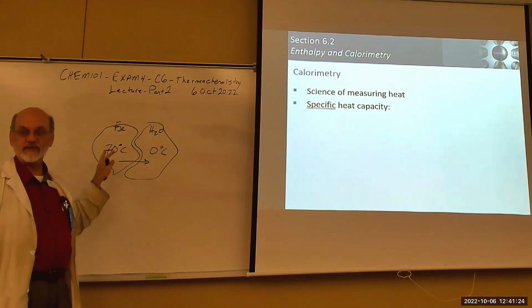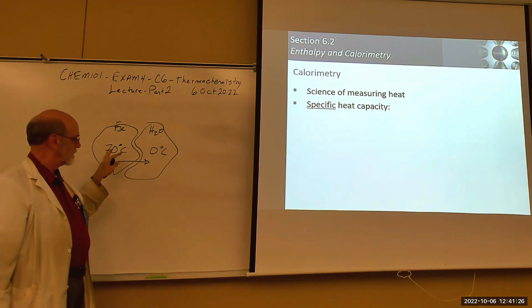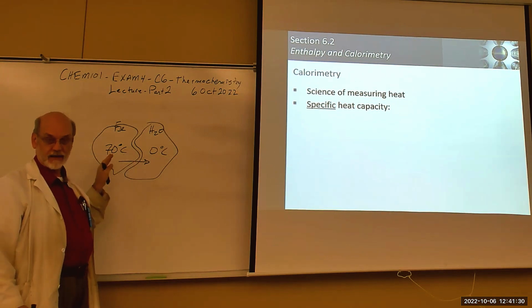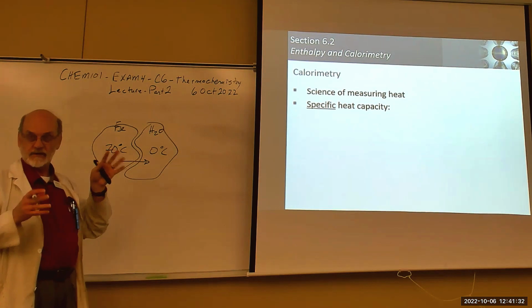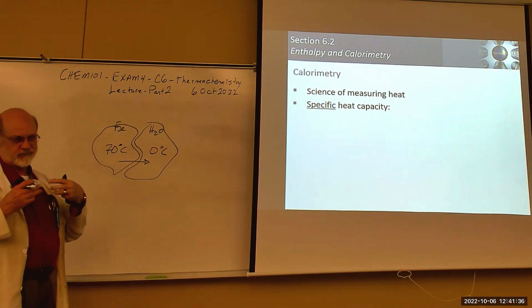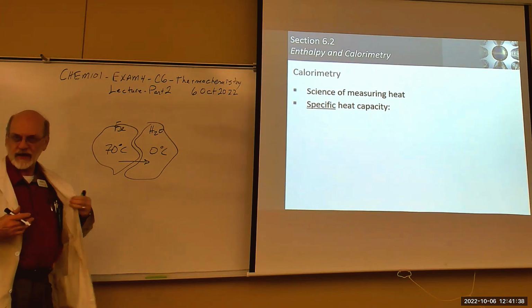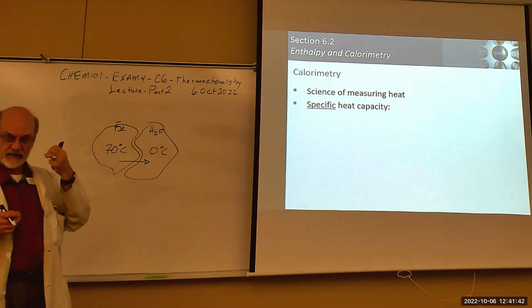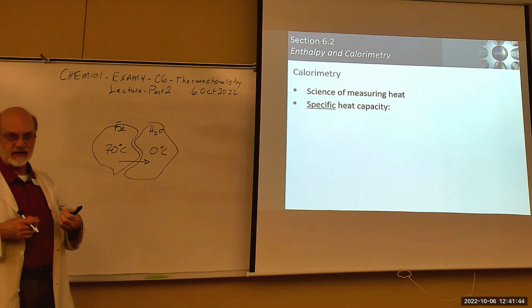Say this one goes from 70 to 50. Then this side won't go from 0 to 20. Same difference. And the reason that they're that way is because it's internal characteristics of matter. And the way we get a handle on that is specific heat capacity.